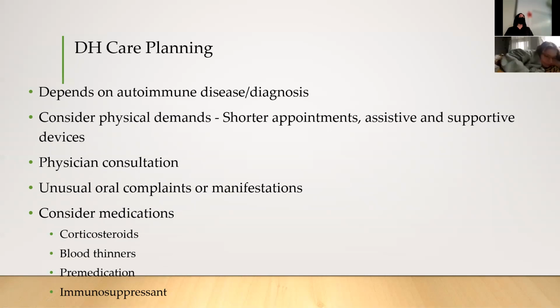So it's there in a lot of slides, the pre-med question. Most people probably wouldn't need pre-med, but it's just to always have that trigger in your brain: is this person severe enough that this is a problem? And then immunosuppressant drugs.